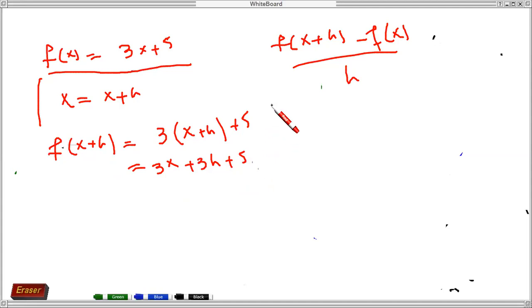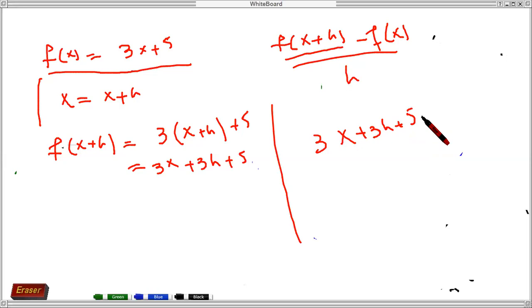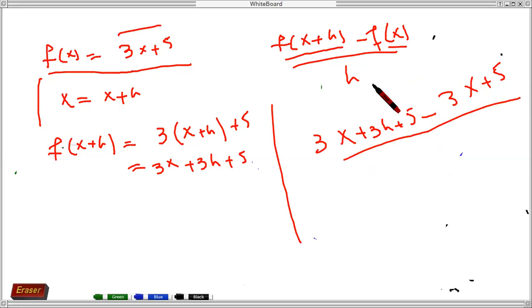Correct? So now just putting values. What is f of x plus h? F of x plus h is 3x plus 3h plus 5, minus f of x. What is f of x? This function, 3x plus 5, divided by h. Okay, 3x and minus 3x cancel.